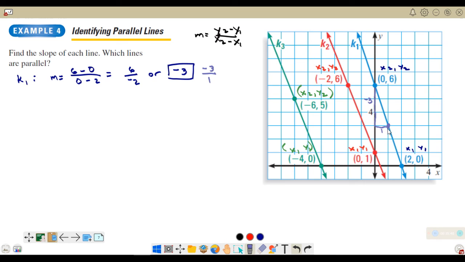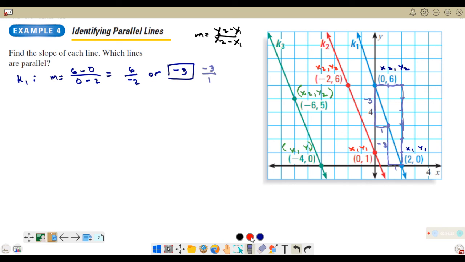Tapos, baba ka ulit ng tatlo. Isa, dalawa, tatlo, mapupunta ka sa kanan ng 1. Or all in all, meron kang 6 na pagtaas. Pwede rin yon. Tataas ka ng 6: 1, 2, 3, 4, 5, 6. Yan, tumaas ka ng 6. Tapos pupunta ka sa kaliwa 2 times: 1, 2. So the slope is negative 3.